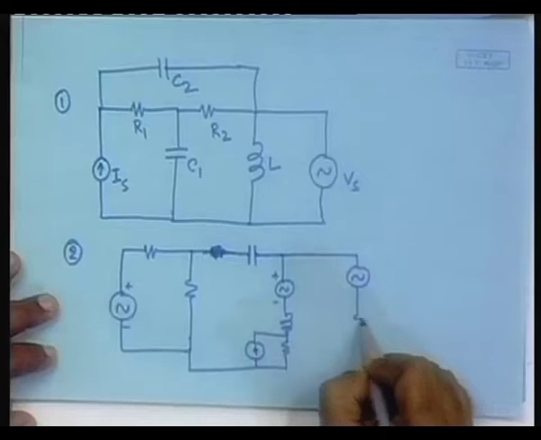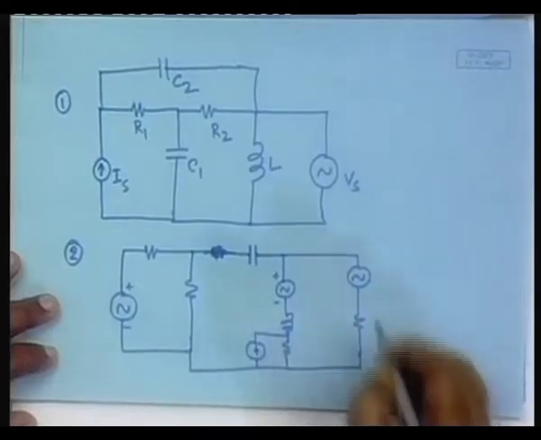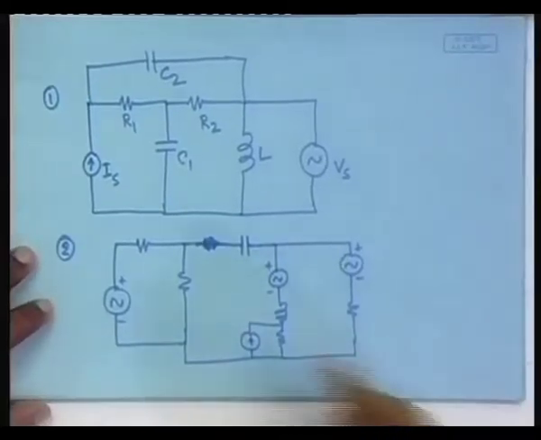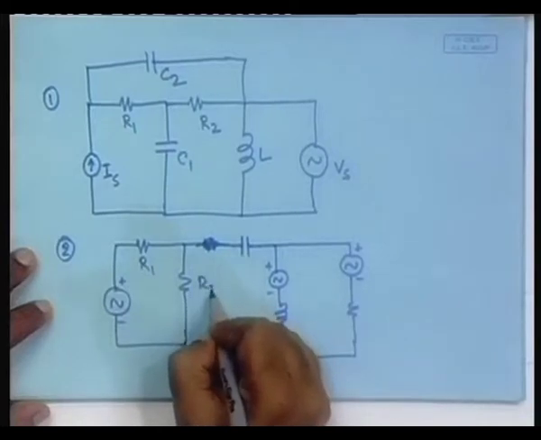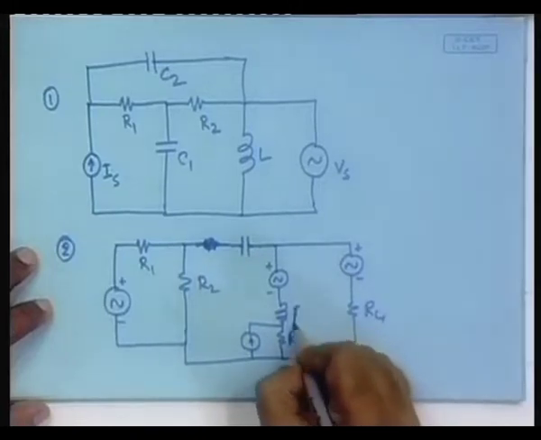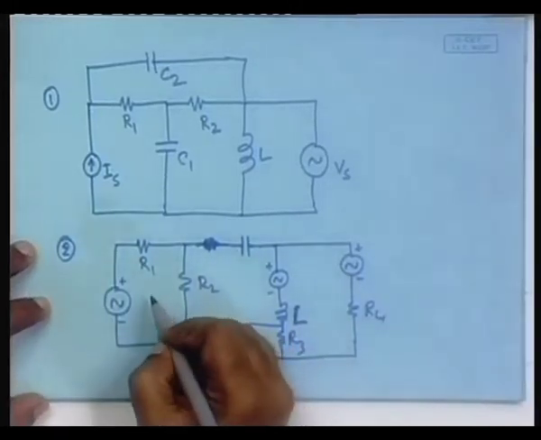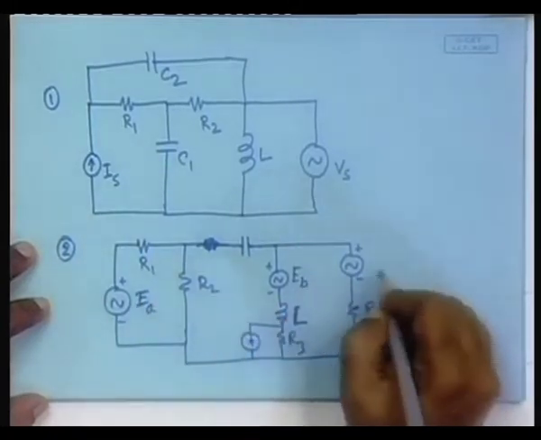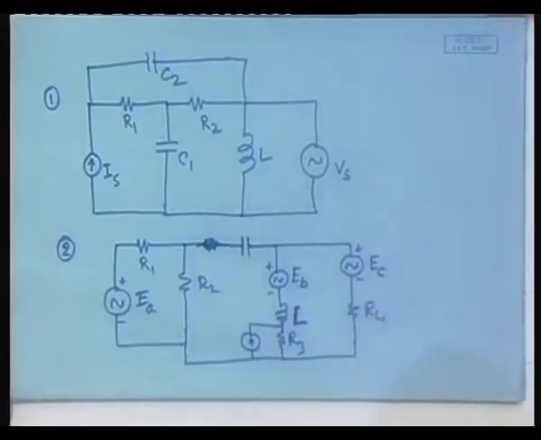Another voltage source, resistance. Okay. So, there are many resistances R1, R2, R3, R4, and this is L. This is EA, EB, and EC. Fine. Have you copied? Fine.